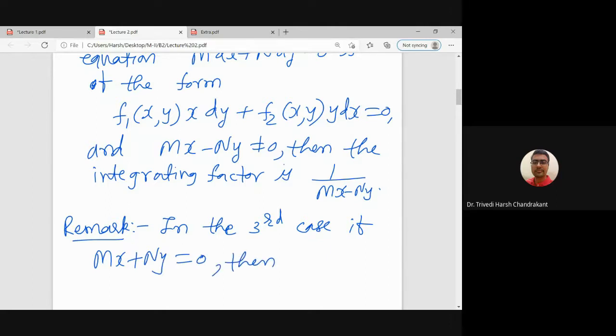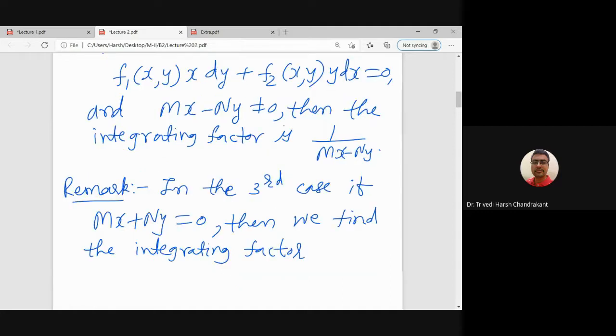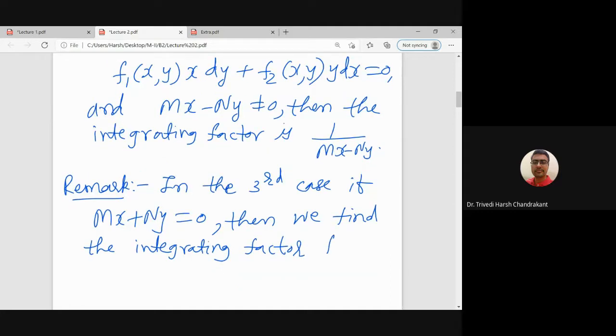In this case we find the integrating factor by the hit and trial method.